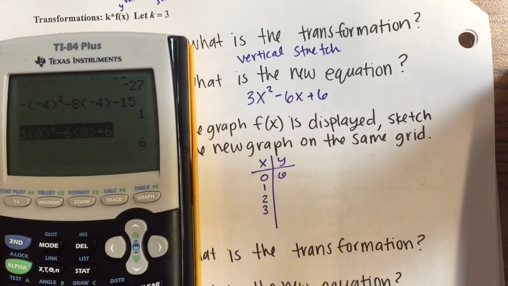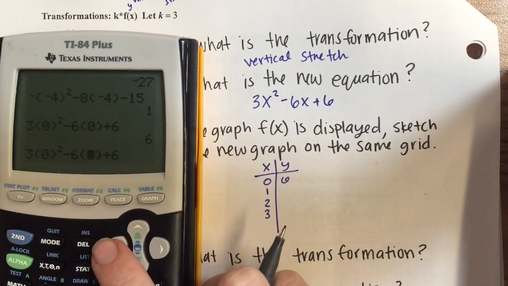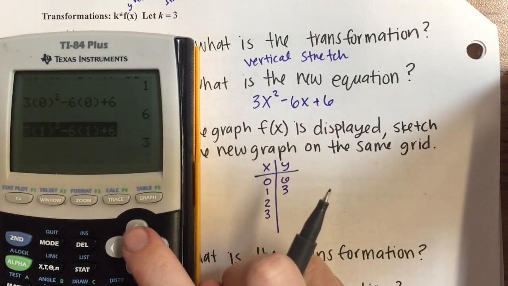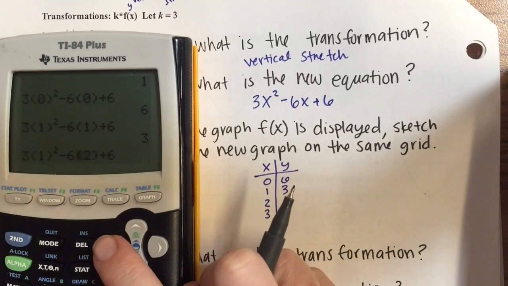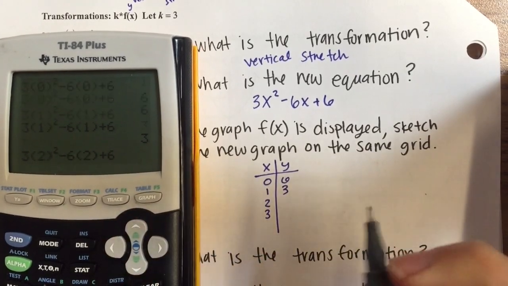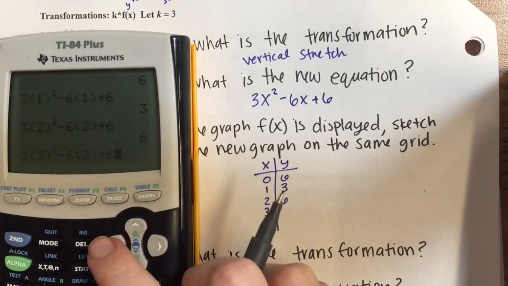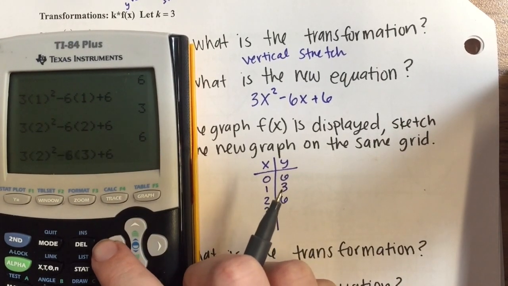Then I want to scroll through and plug in a 1. Scroll through and plug in a 2. Scroll through and plug in a 3.